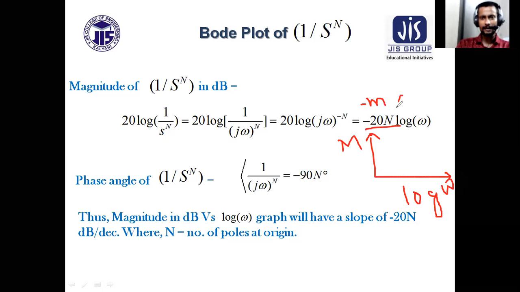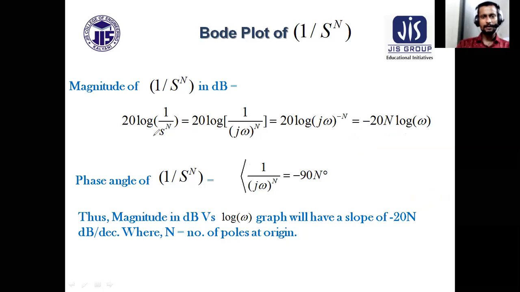Magnitude y equals minus m into x, where log omega is the x axis. So the magnitude should have a slope of minus 20n. M should be minus 20n. So later we'll observe that for this term, the magnitude has a minus 20n dB per decade slope.